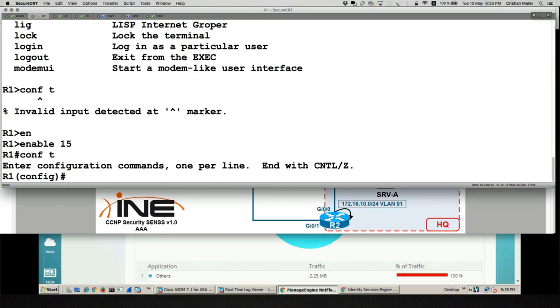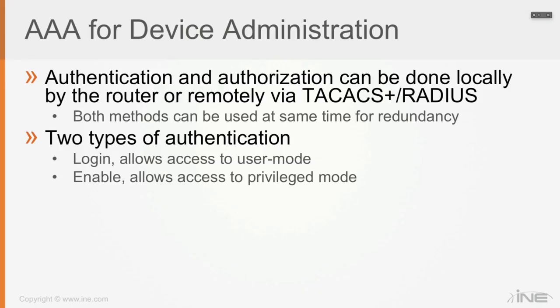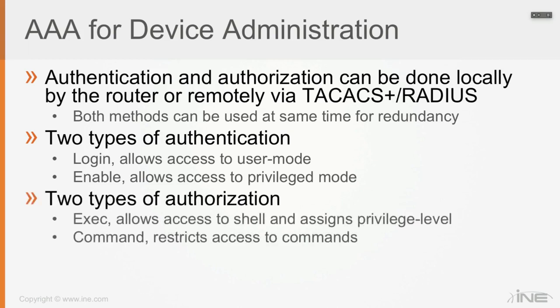So for that reason, we have two types of authentication. Login authentication to get to user mode, and enable authentication to get to privilege mode. We have two types of authorization, possibly. Exec authorization, which allows access to shell, which means to the router's VTY line or the console, and assigns also the privilege level.